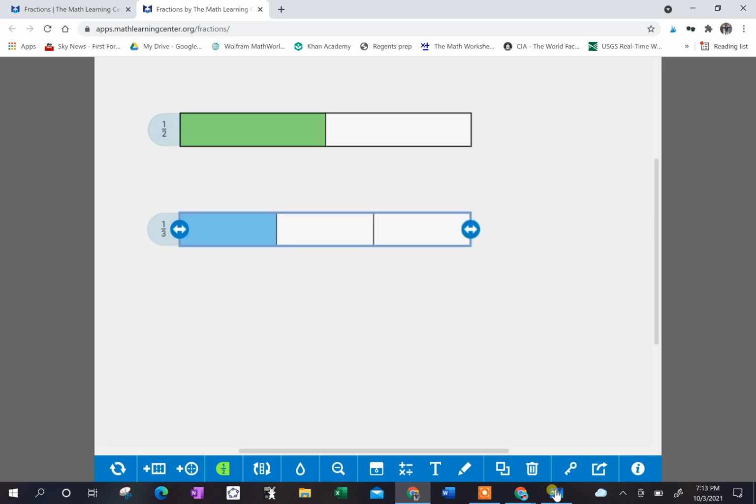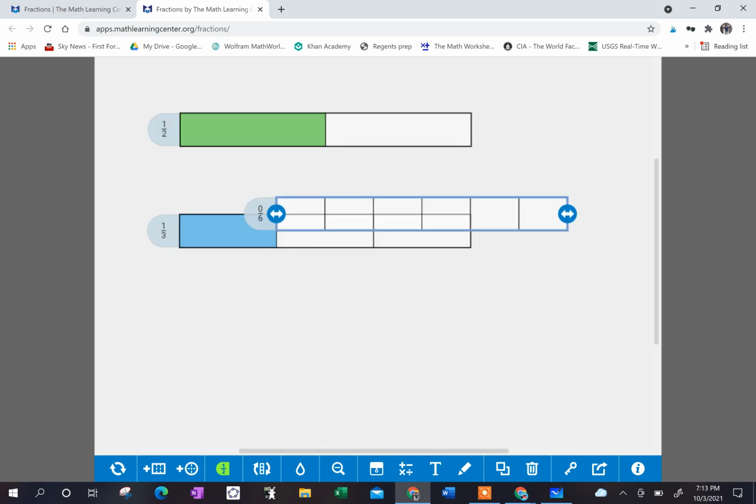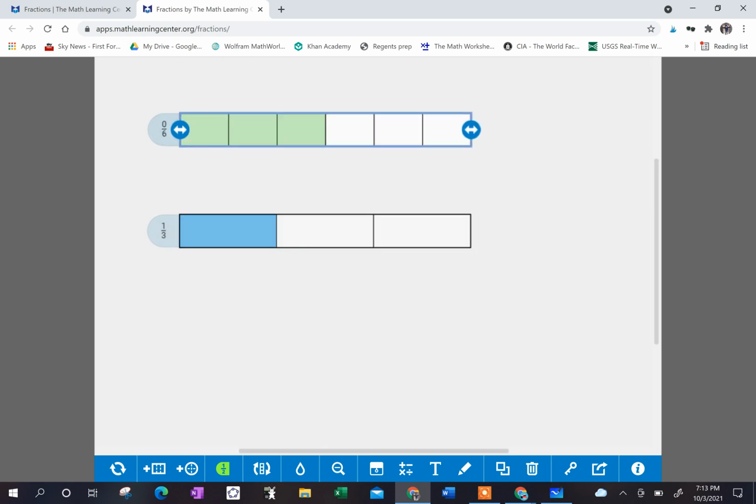So let's see. I know that I can turn these into 6. So I'm going to do another one of 6.